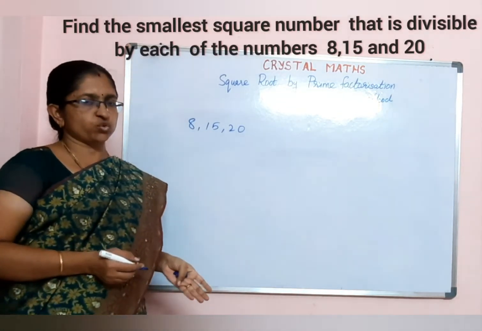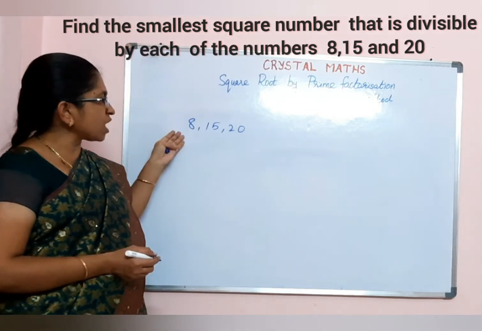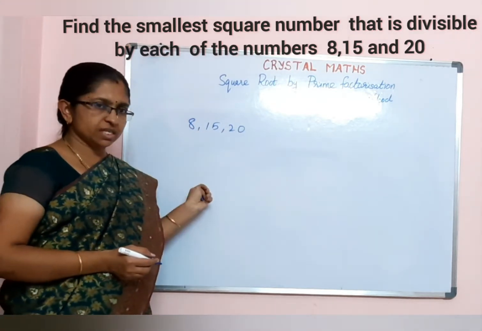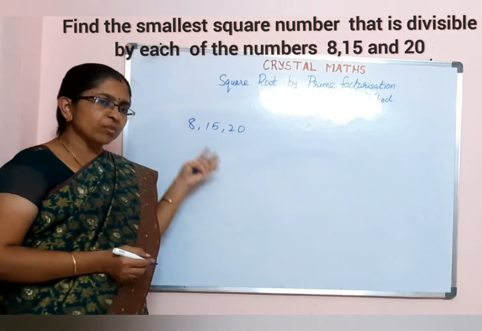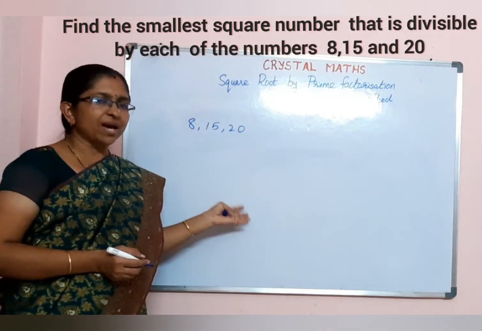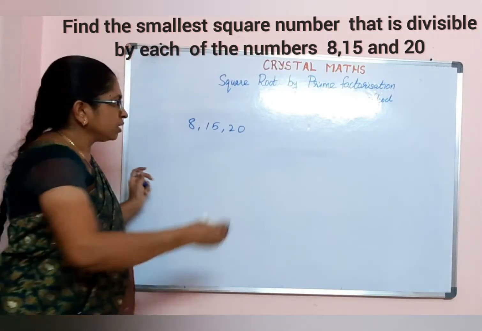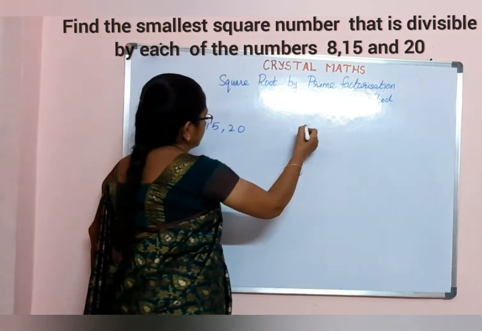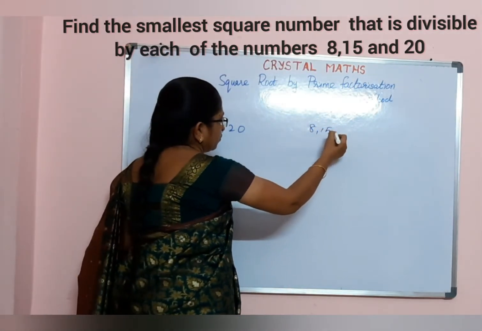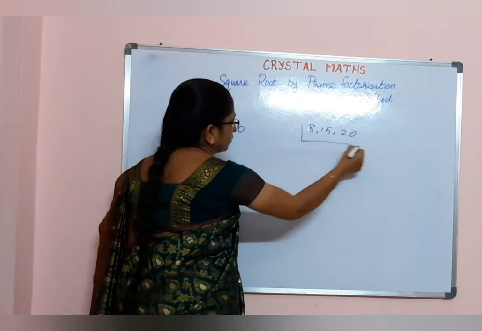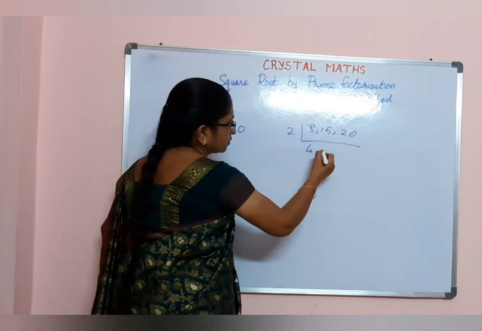Find the smallest number that is divisible by each of the numbers 8, 15 and 20 and is a perfect square. First we need to find the LCM of those numbers. 8, 15 and 20, we should find the LCM in the normal way.